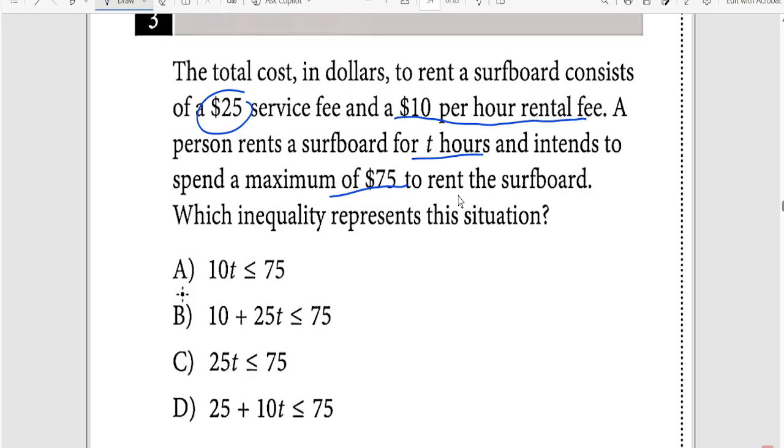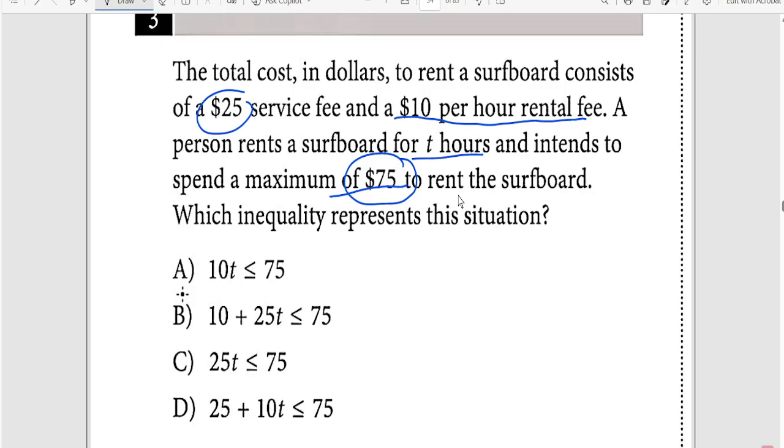Which inequality represents this situation? So basically, the person intends to spend a maximum of 75, so maximum 75, right? That means the value should be less than or equal to 75, and a 10 per hour rental fee.